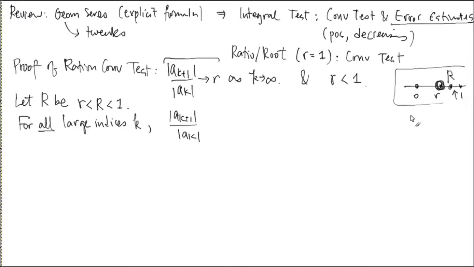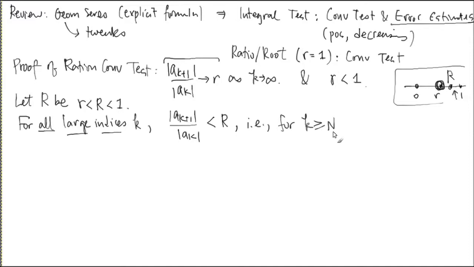Make sense? So is it safe to say this ratio will never be close to capital R again? It's down there, close to little r, for all large indices. We don't know what happened at the beginning, but eventually this happens. Correct? Yeah. So they also write it like this: for all k, eventually.